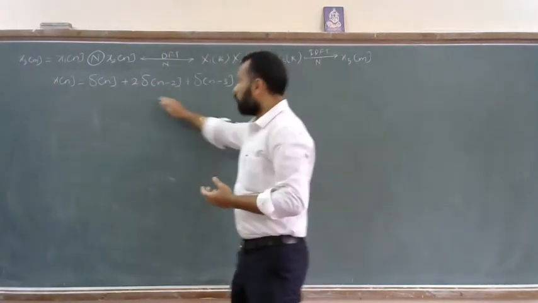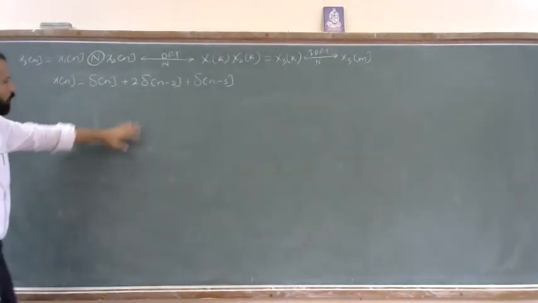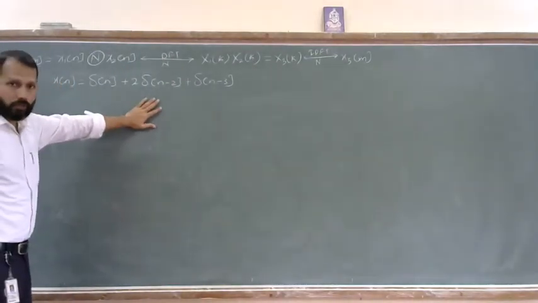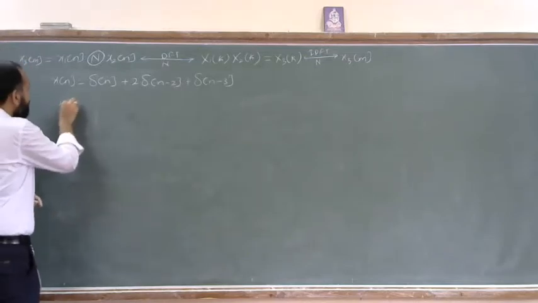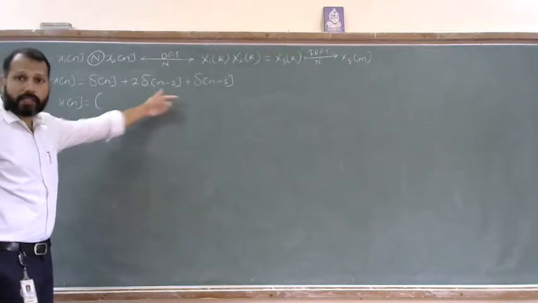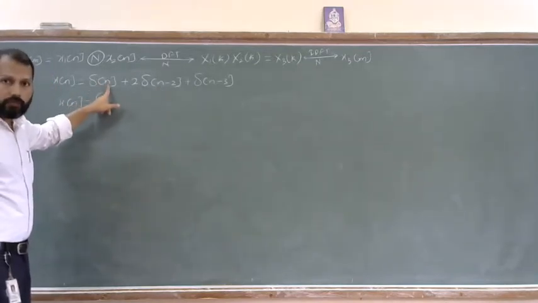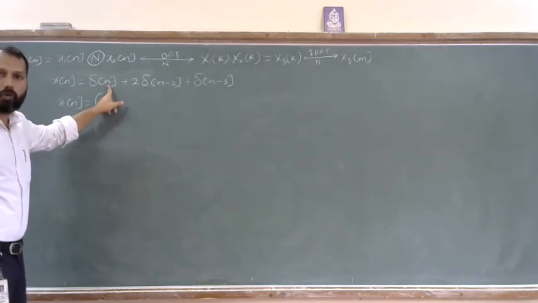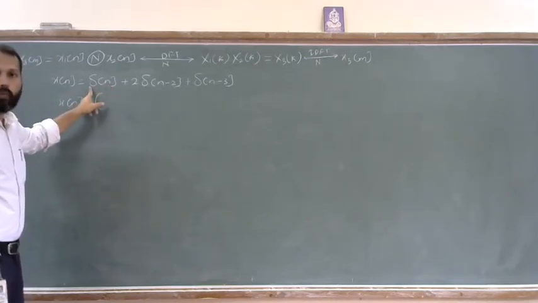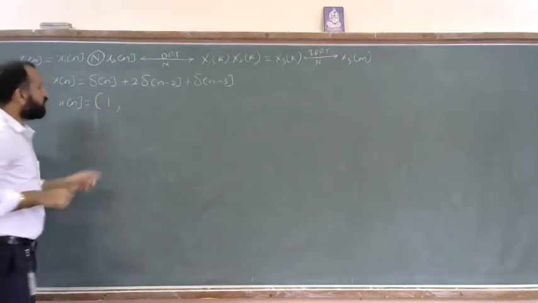Okay. Now the question is, before we find circular convolution and all, how to write the discrete time sequence of it? Writing for a unit impulse expression is simple. Delta n, this impulse will be present at n equals 0 only, and its magnitude is 1. So first sample in this sequence will be 1.